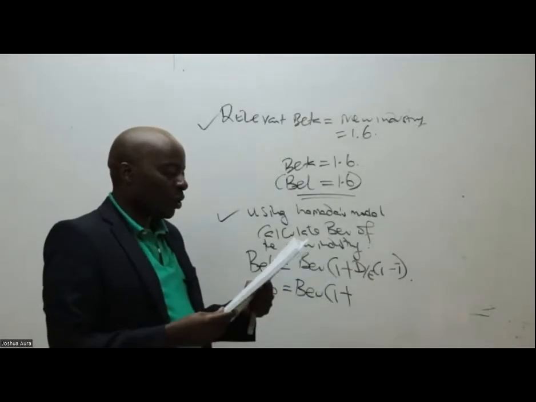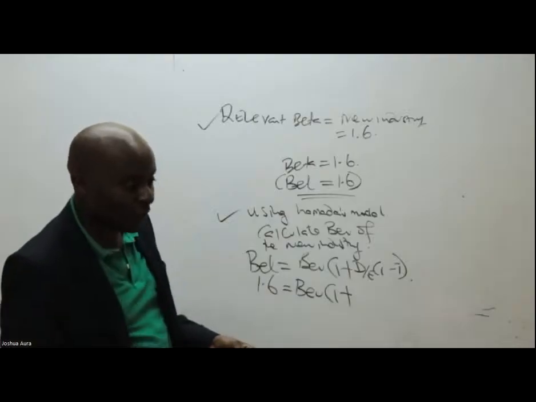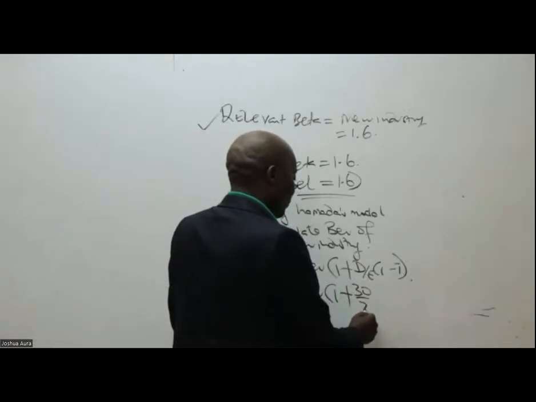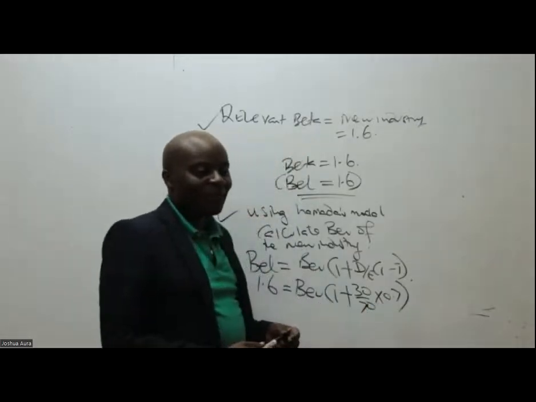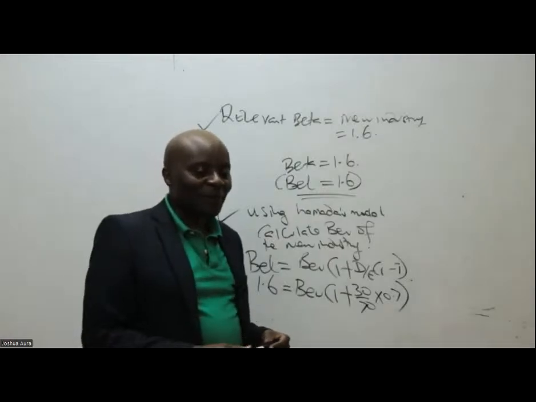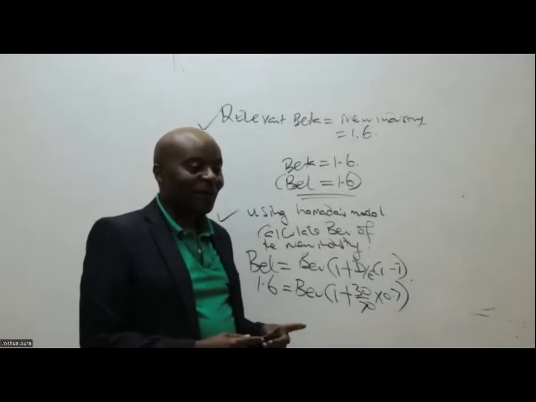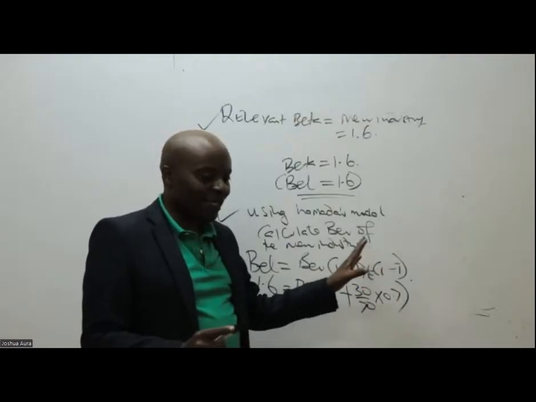The new industry, which is electronics industry, debt is 30%, equity is 70%. So 30 over 70 into 0.7, which is 1 minus tax of 30%.